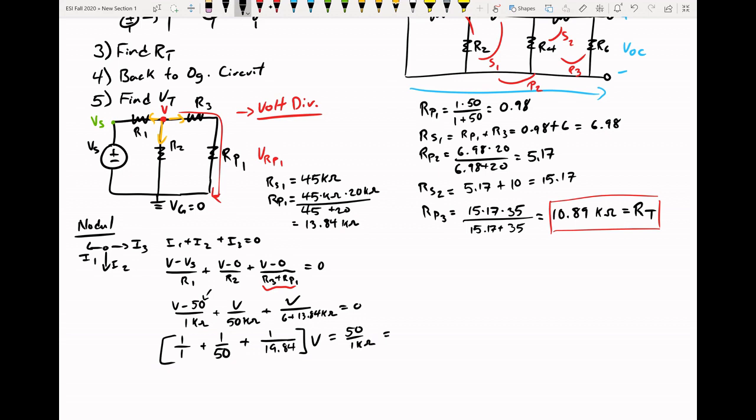So then therefore V is going to be equal to 50 over 1 kilo ohm times this mess. Sorry, divided by this mess. So 1 over mess.